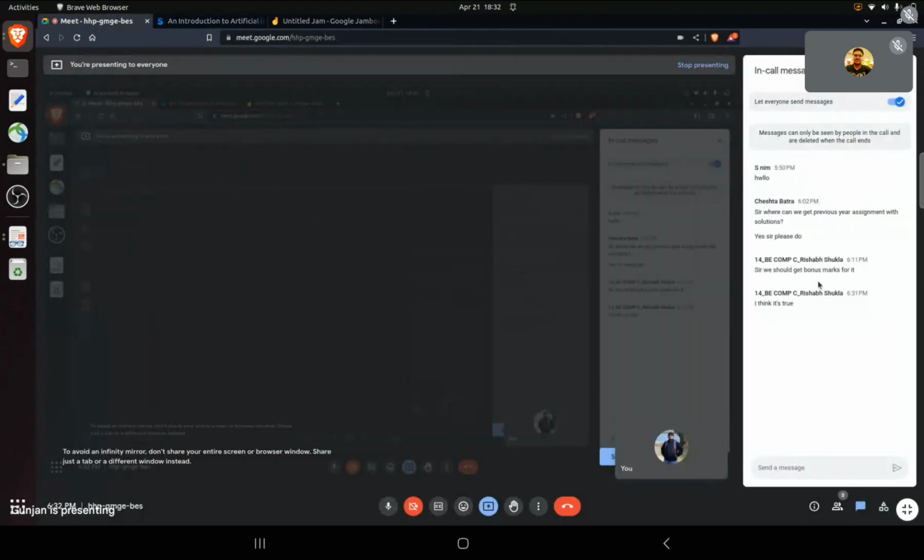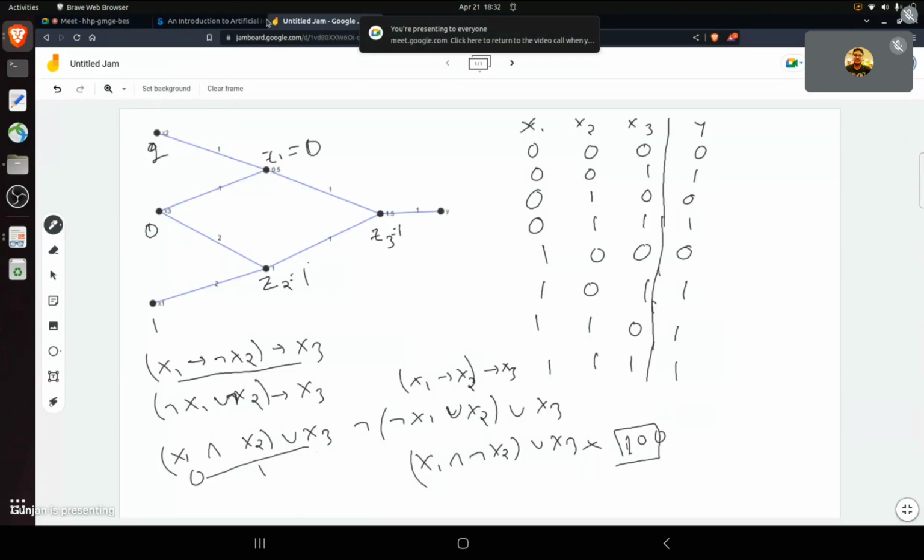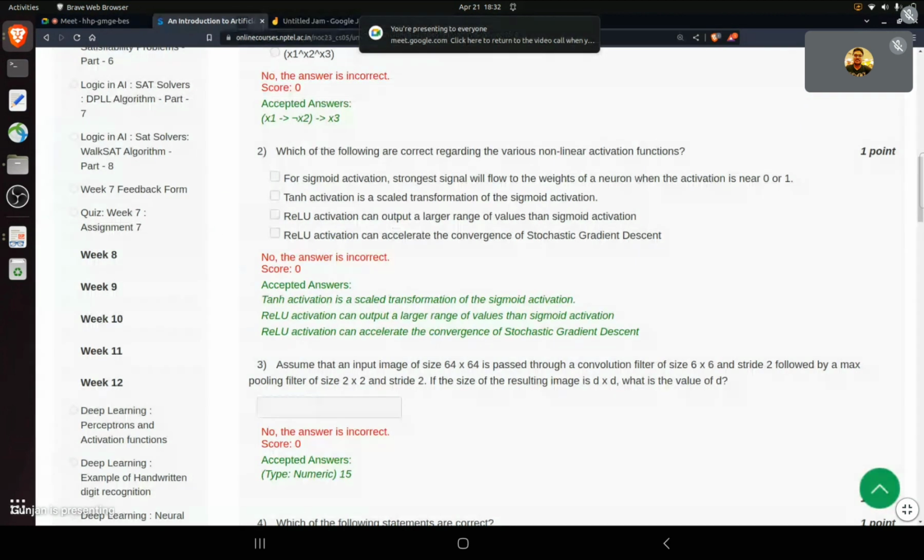Option number one was actually explained in the class, saying that because the derivative of sigmoid is very small near zero and near one, the signal strength is very small as well.